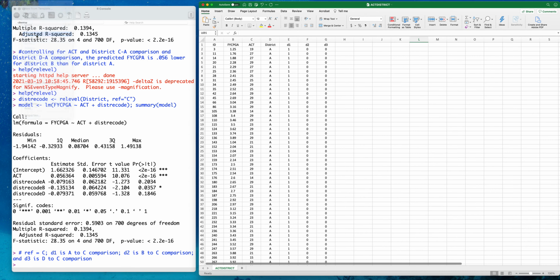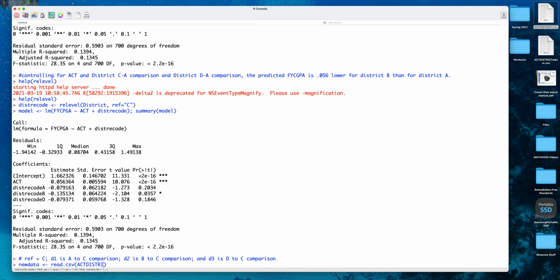So I'm just going to go back up and read in the data with ACT, with CSV.